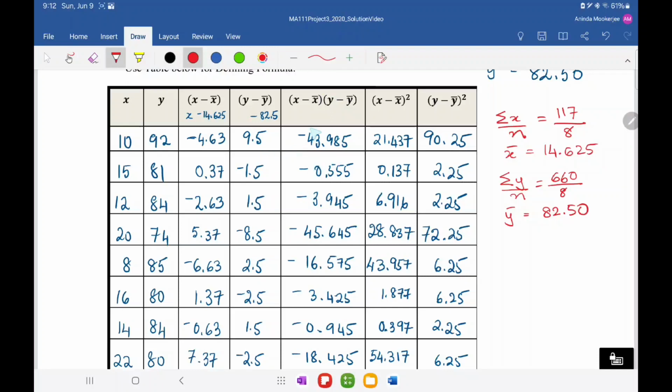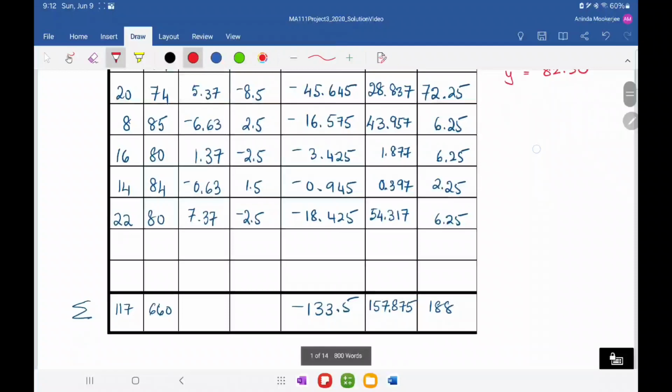So in this column, we are just multiplying x minus x bar and y minus y bar, because that's going to give us eventually s sub xy that we will need in our equation to find the slope.